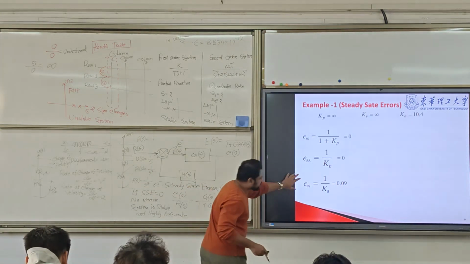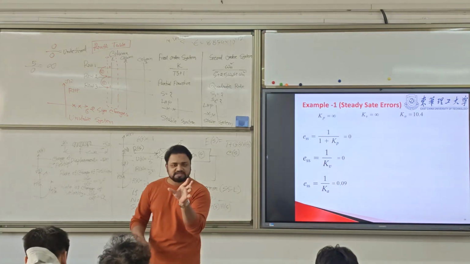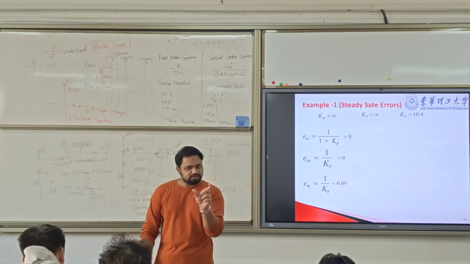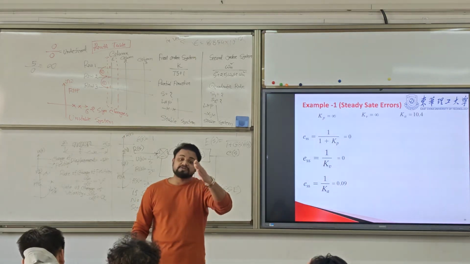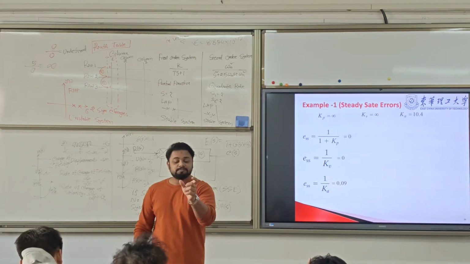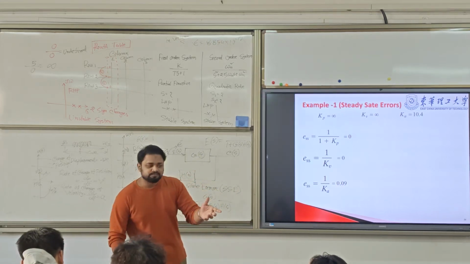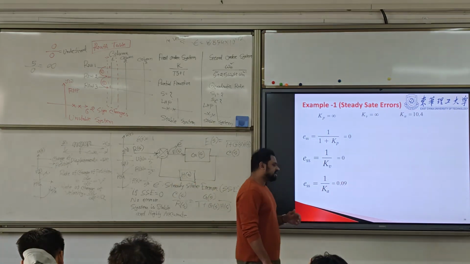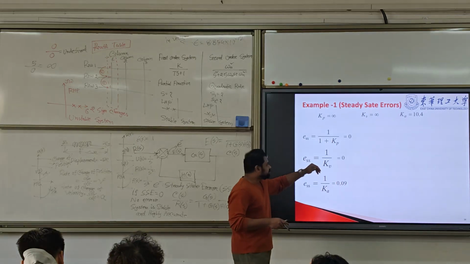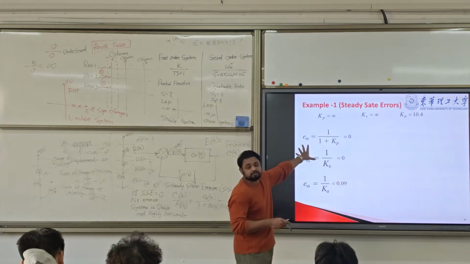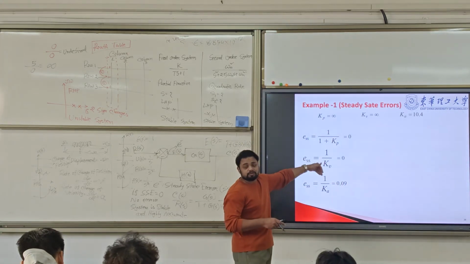But for the parabolic input, it will have an error. So same system, if you use it for a different input, it will respond differently. Maybe for one input there will be no error, for another input there will be an error. So the steady state error depends on which type of system you are using and which type of input you are using.